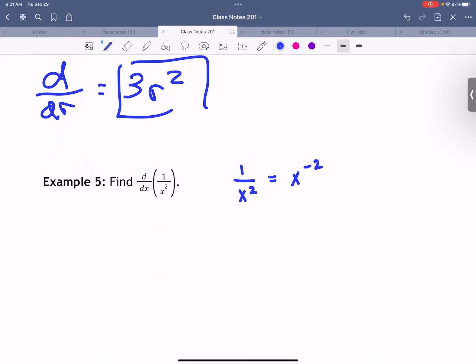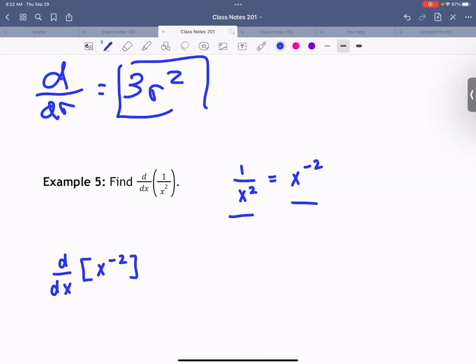Negative exponents translate to the denominator. Whenever you change the sign of the exponent, you're changing it being in the numerator versus the denominator. So a way to rewrite this fraction is to take it to the -2 power. So essentially what we're doing now is taking the derivative of x to the -2.